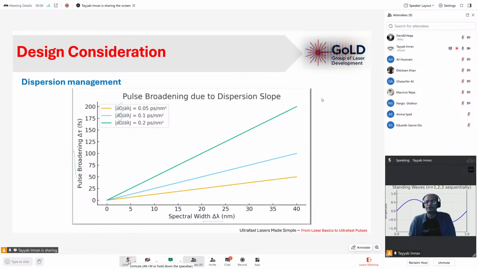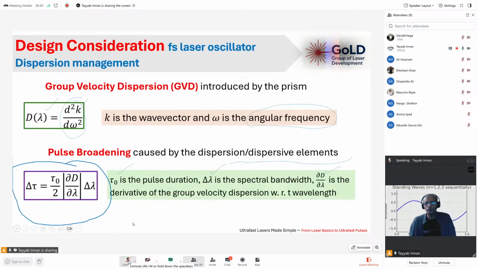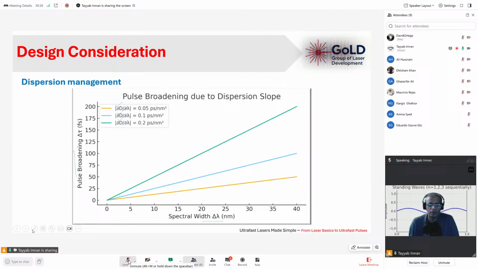So the thing is that this plot basically shows what we have learned in the last slide, this equation.